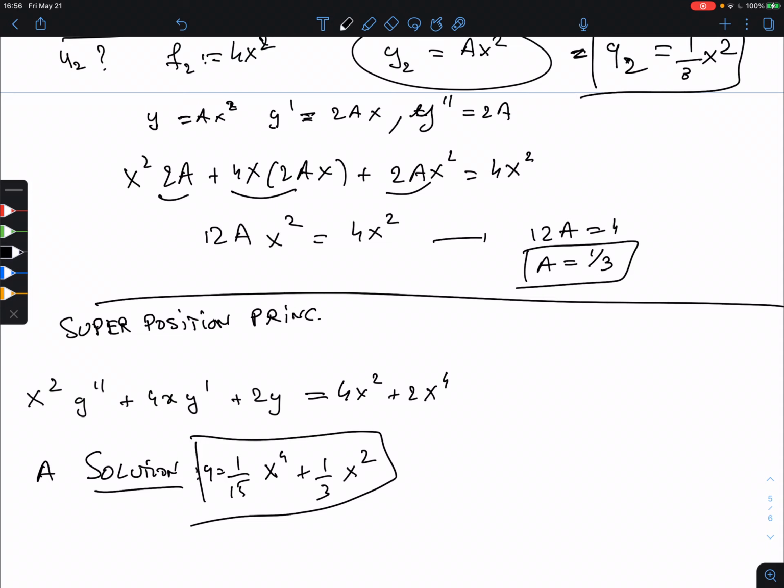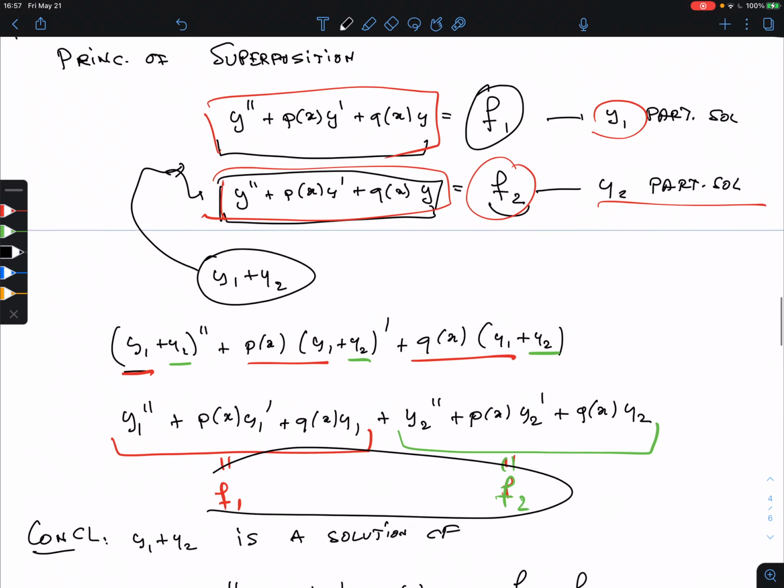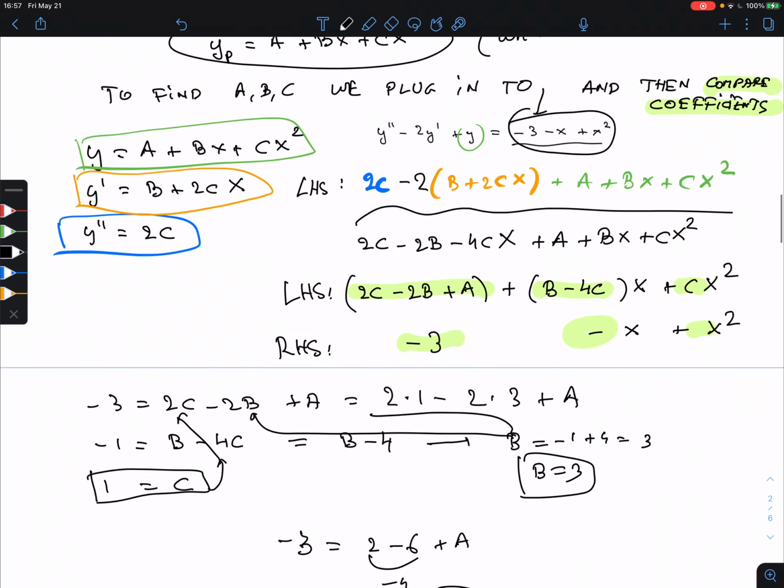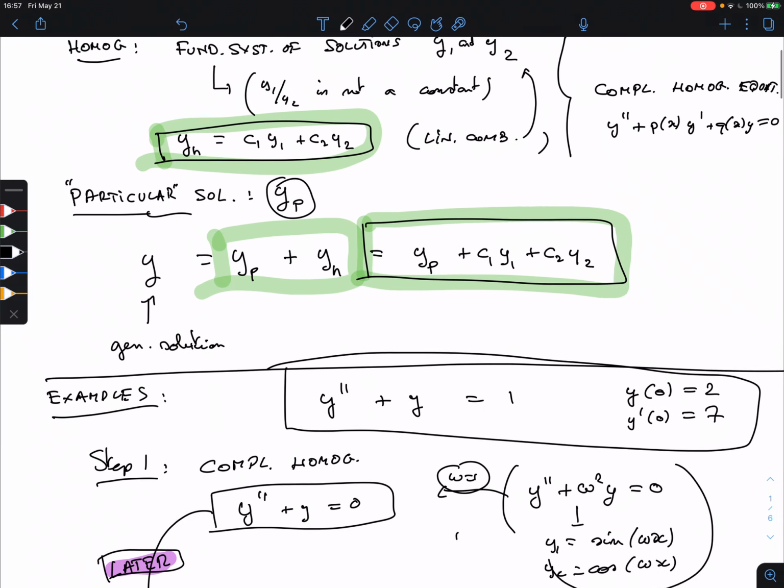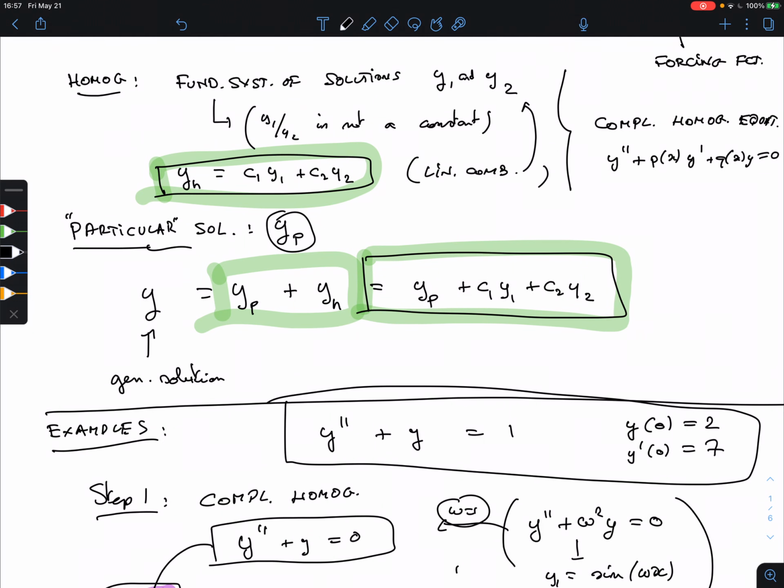We know now that there is a fundamental system consisting of two essentially different functions, not just a constant multiple of each other, and that everything else is a combination of that, and then you have to find a particular solution in the non-homogeneous case and add that to the general solution, right? So it's really adding, and that is exactly where this terminology linear comes from.